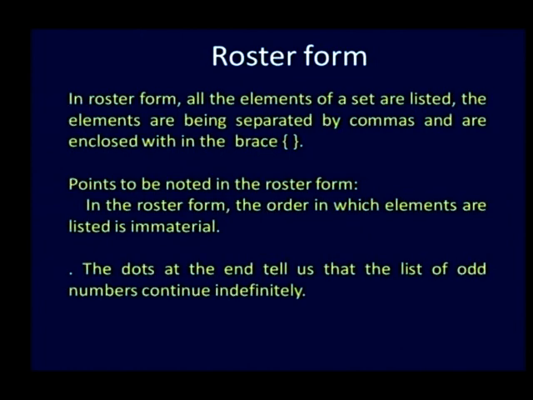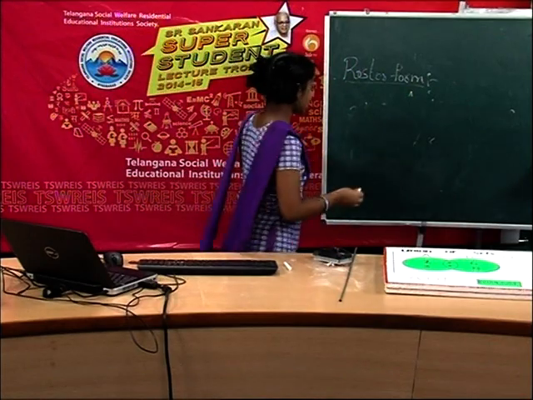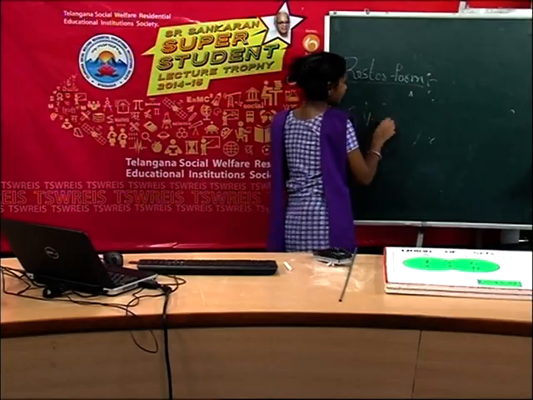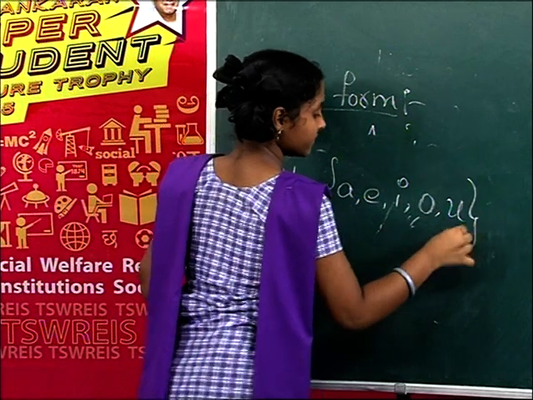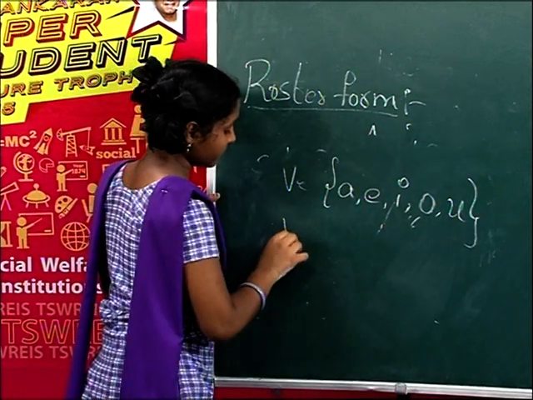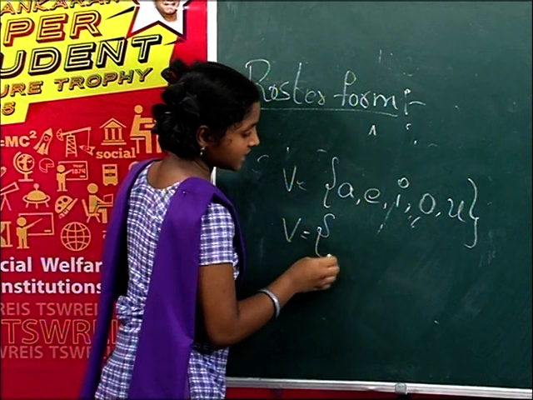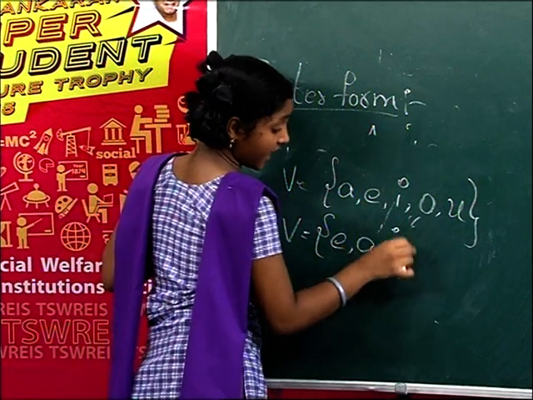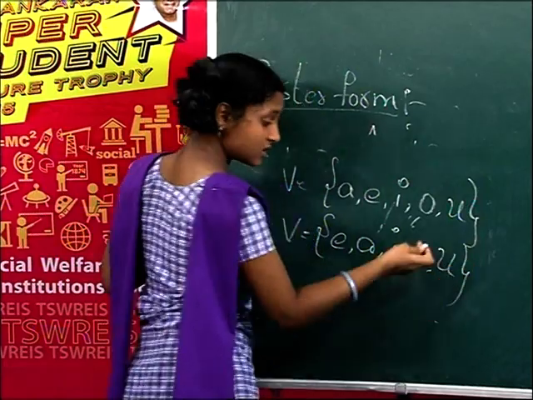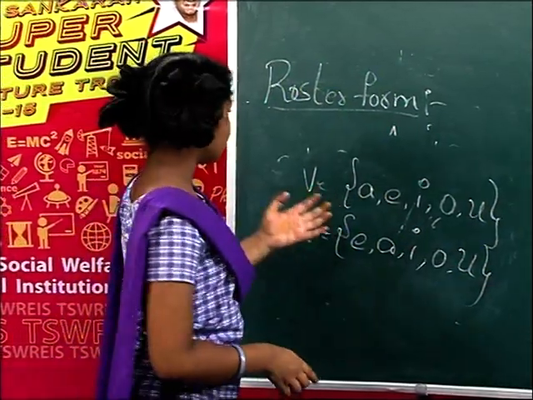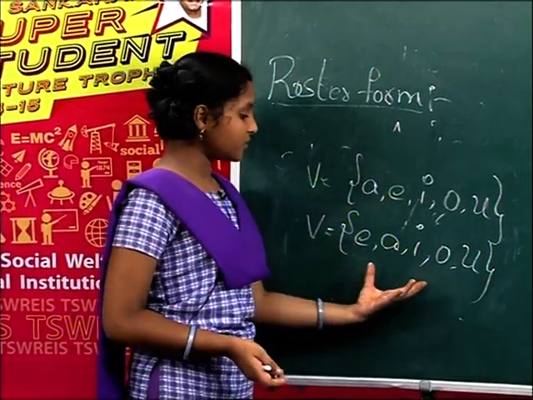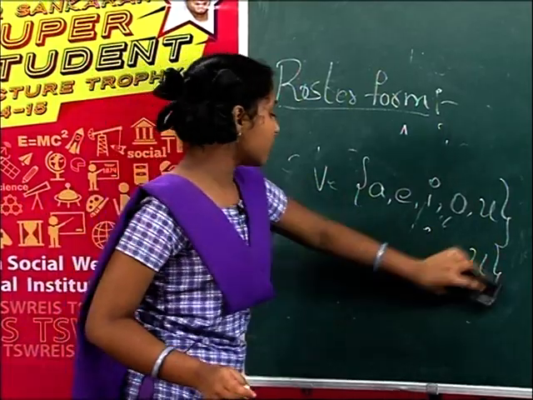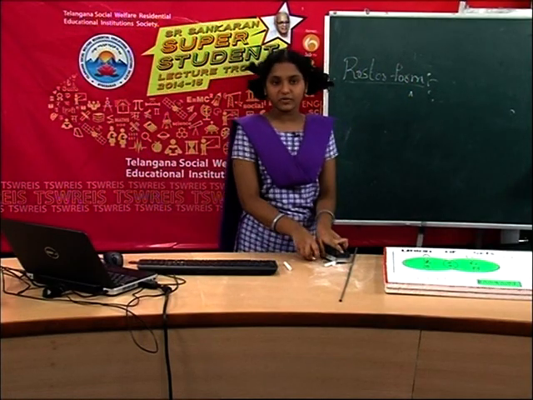Immaterial means there is no need for any order. If we have A, E, I, O, U, we can also write E, A, I, O, U. This is also correct in the roster form. It means the order is immaterial. We don't need to write this in order. Next, the set builder form. See the slide please.